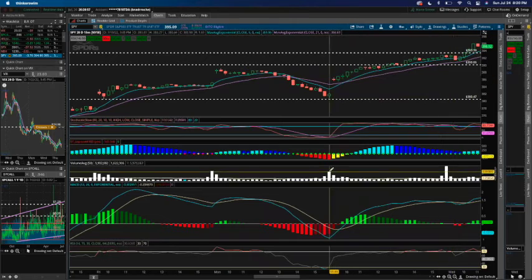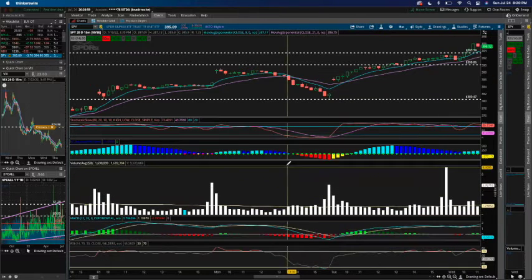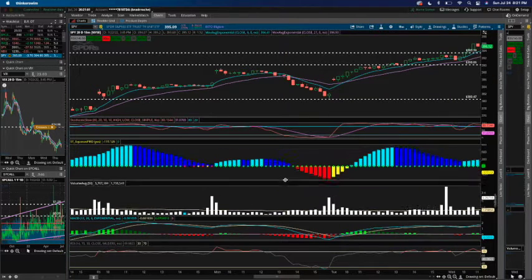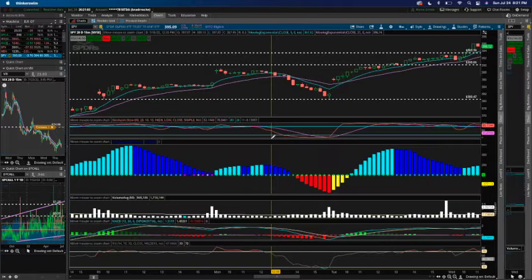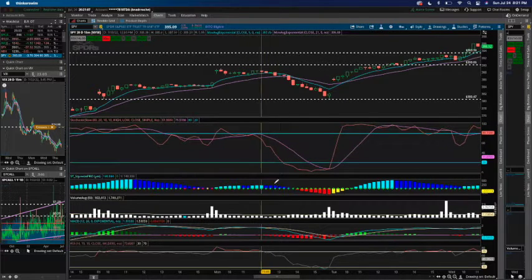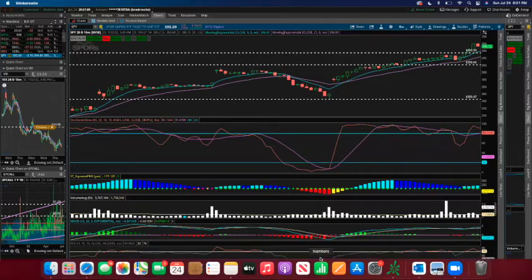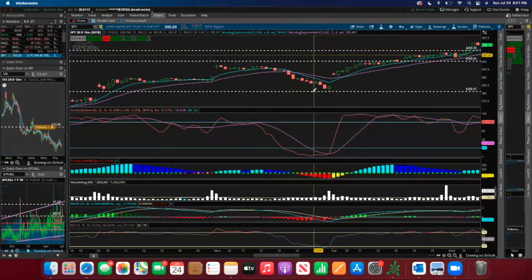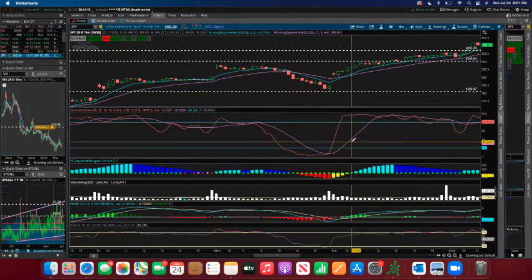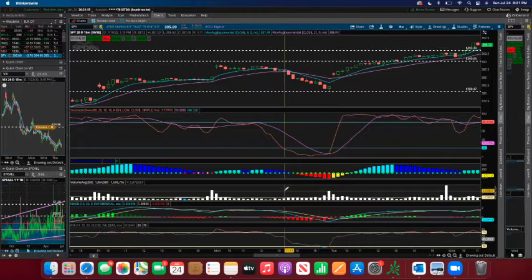And so now we're going to move to the stochastics. The stochastics is basically a combination of the RSI and the MACD. That's why I like this one, because it's a combination between the two.